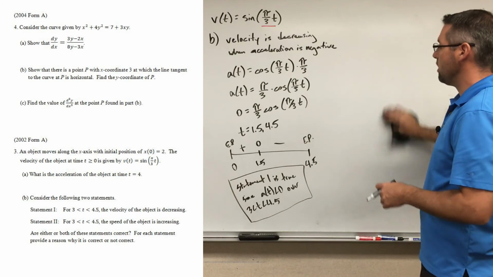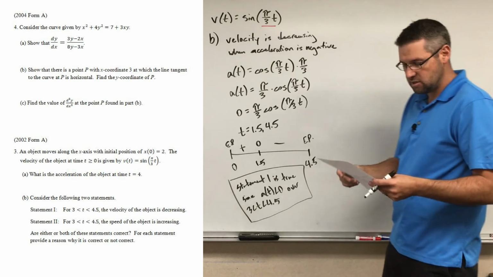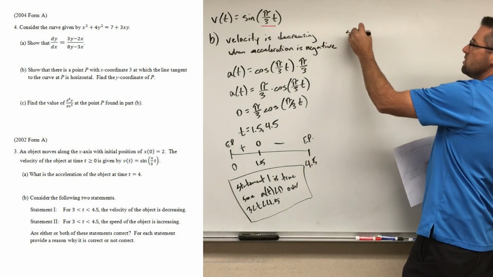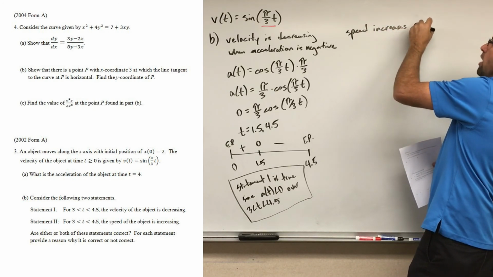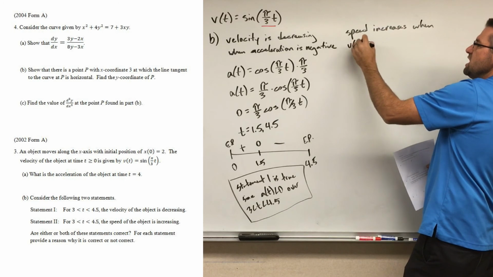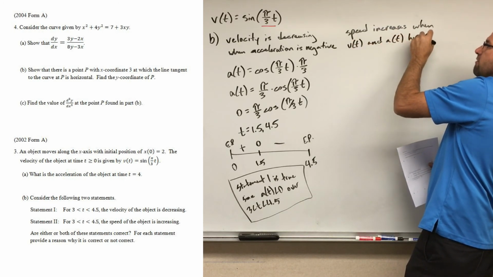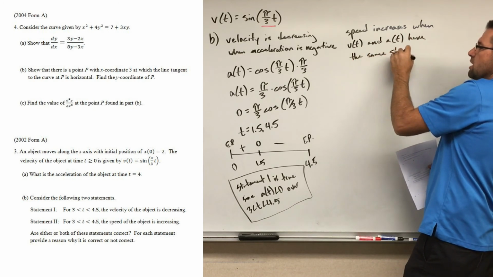All right, the second statement then says the object's speed is increasing. Well, let's justify that. How do I know when speed is increasing? Speed increases when v of t and a of t have the same signs.